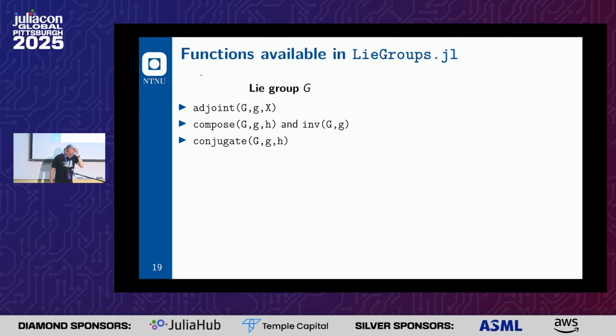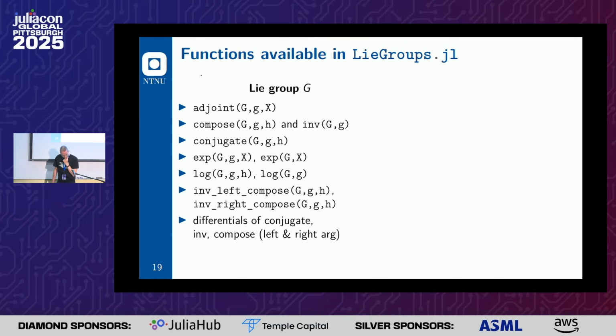Okay, let's do a short overview of functions that we currently have. We talked about compose. Besides that, you have adjoint and conjugate. Exp and log, of course, we had those two. You have a lot of combinations, so inf left compose, inf right compose. They might spare time compared to first computing the inverse and then compose, and differentials of all these.